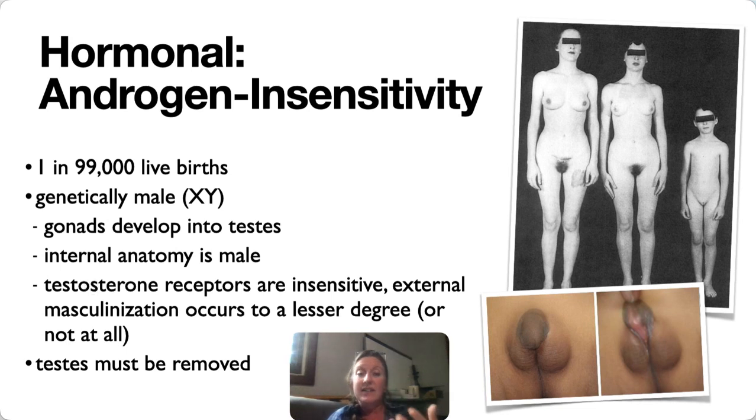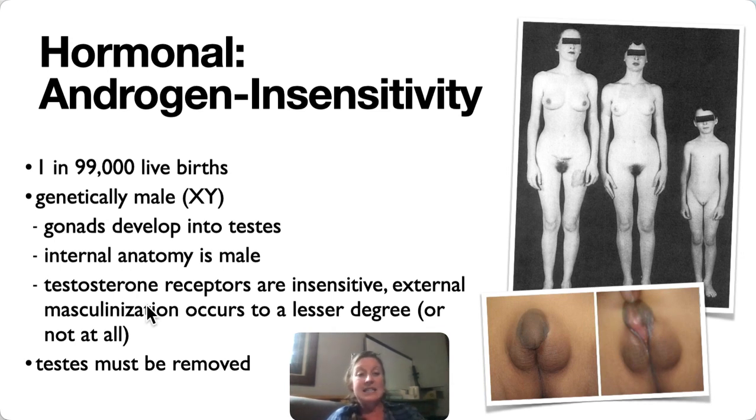So they have the vas deferens and the epididymis, the testes. But because the testosterone that they produce isn't getting the receptors to do anything, and testosterone primarily directs the external anatomy, it's like having no testosterone at all or very little, and therefore the external anatomy appears female.